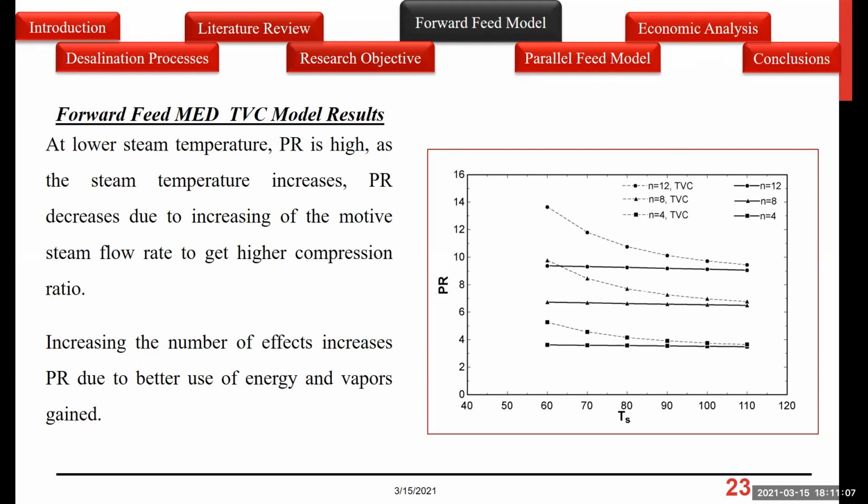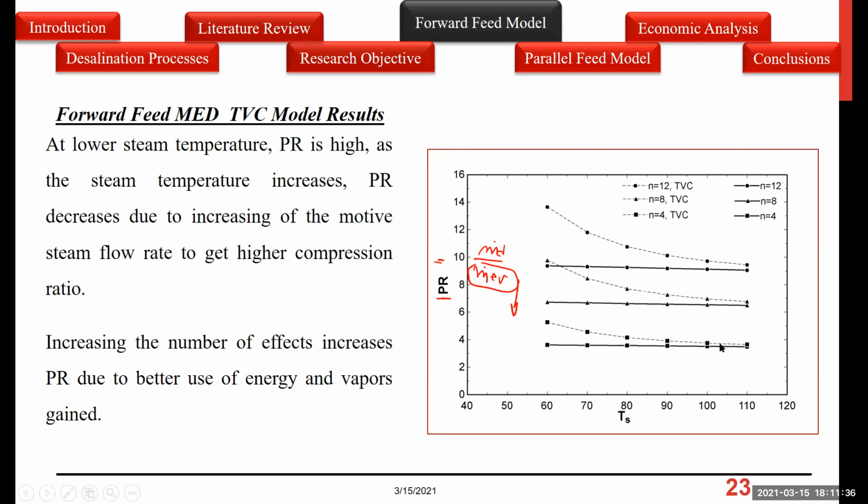And this is obvious because when you are talking about PR, then basically you are talking about the ratio between m dot distillate over m dot entrained vapor. So whenever the entrained vapor value decreases, then the PR increases. And this is what we rely on whenever we are operating a system like this with thermal vapor compression.